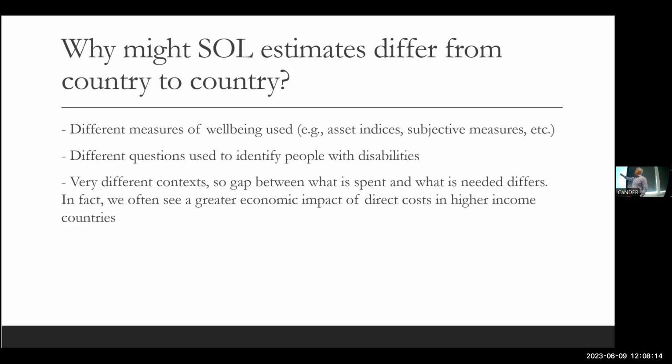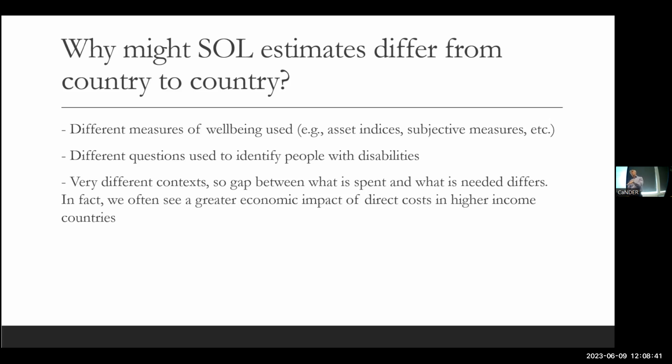One is a different measure of well-being is used, right? Some studies have used a subjective measure. Do you feel like you're in financial trouble? Many studies have used something called an asset index, where we look at the assets people have, running water, radio, a bicycle, whatever things they might have, and they create an index of well-being based on those assets.